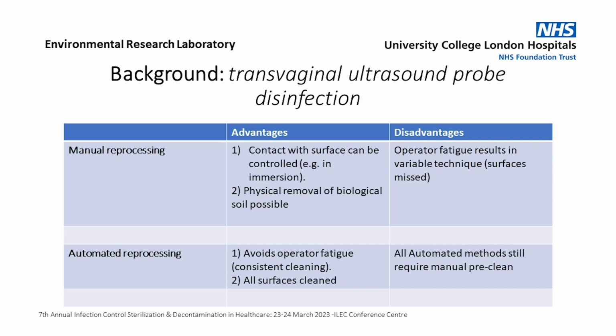When it comes to automated, one of the benefits of that is there's no discrimination. All of the surfaces are exposed to whichever route you use. But then we always have to be mindful that it has to be preceded with manual decontamination.